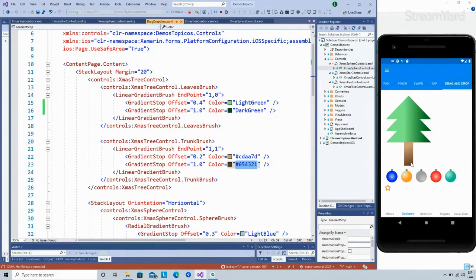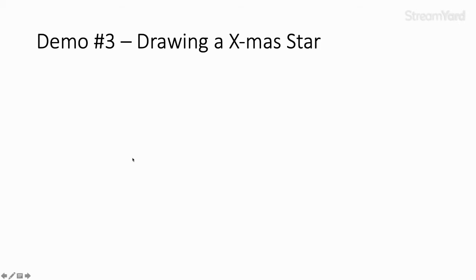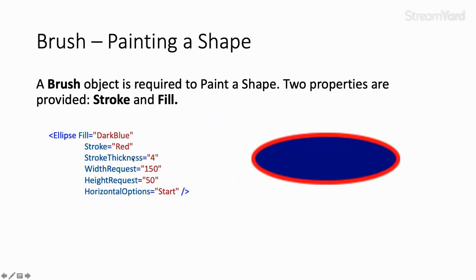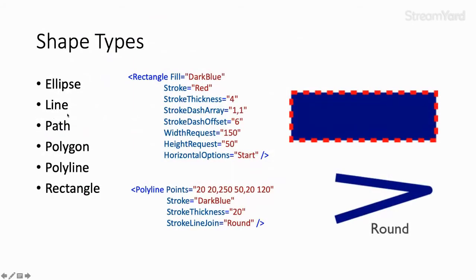And we are not limited to specific or base shapes like polygons, rectangles, or circles. We can also draw a Christmas star. If you remember, we said that one of the shapes is a path.